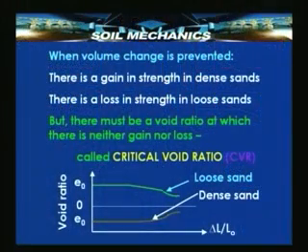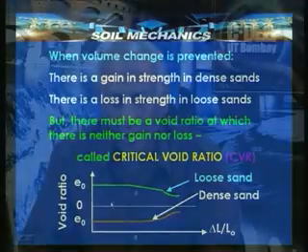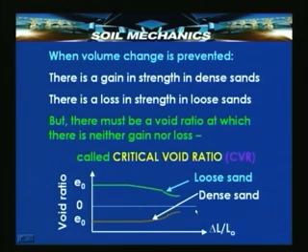The concept of critical void ratio can be easily understood from the statement I made a few minutes back, that dense sands undergo expansion and loose sands undergo compression. But suppose you have a sand which is neither loose nor dense, relatively speaking. If the void ratio remains unchanged throughout shear, that is the soil which will undergo liquefaction, because it is unable to undergo volume change during shear, it will liquefy.